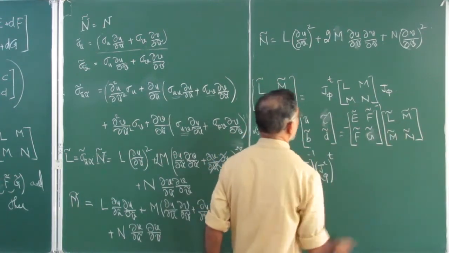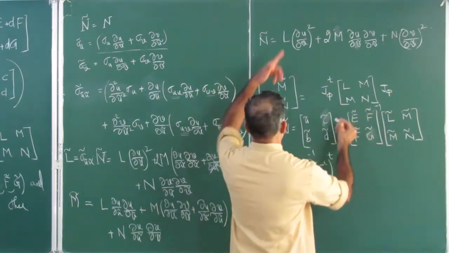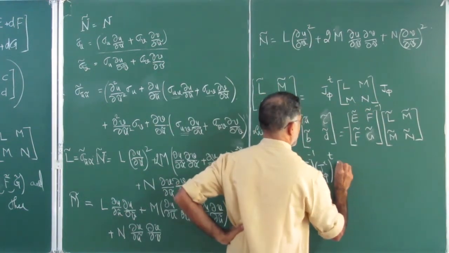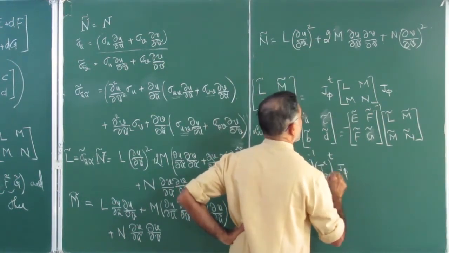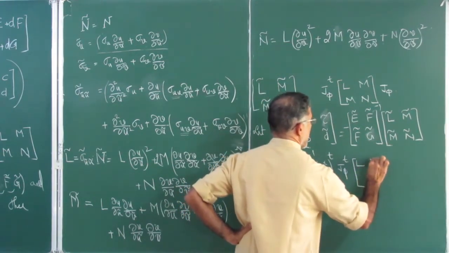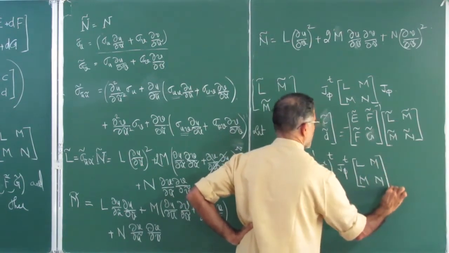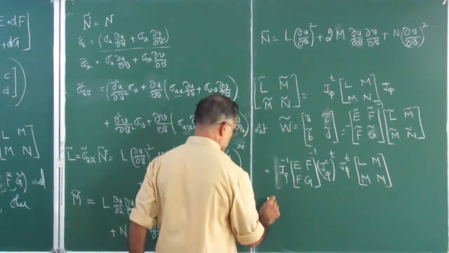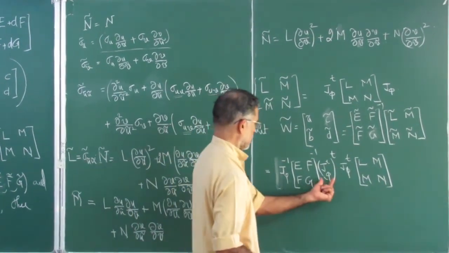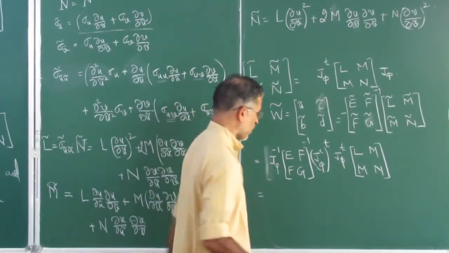And what is this guy? Well, believe me, you have to do the computation to get it. It's a bit long. Jacobian of phi transpose LMMN. And what is this going to be? So these two get cancelled to identity.